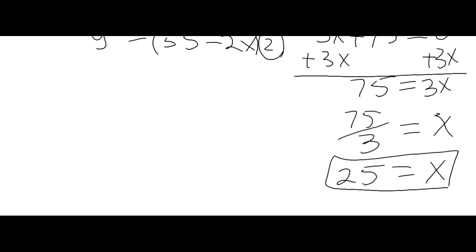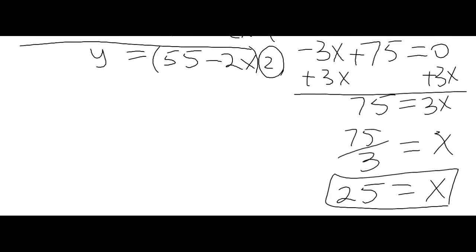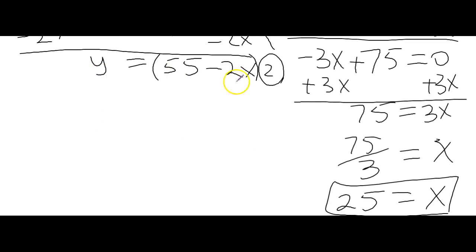Then what is y? Well, we already have the statement for y here in our equation 2. So we substitute 25 for x in equation 2 to find y. So y is 55 minus 2x. Instead of having x, we have 25.